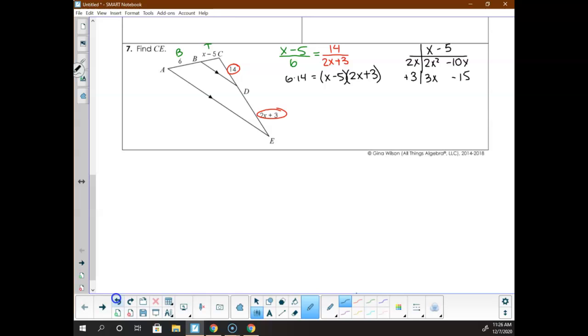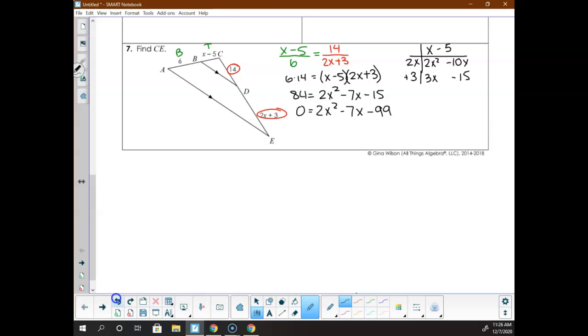I still need to do 6 times 14, and that gives me 84. So I end up with 84 equals 2x squared minus 7x minus 15. Now remember, I have to get it so it equals 0. So I'm going to move the 84 over, and I have 0 equals 2x squared minus 7x minus 99.